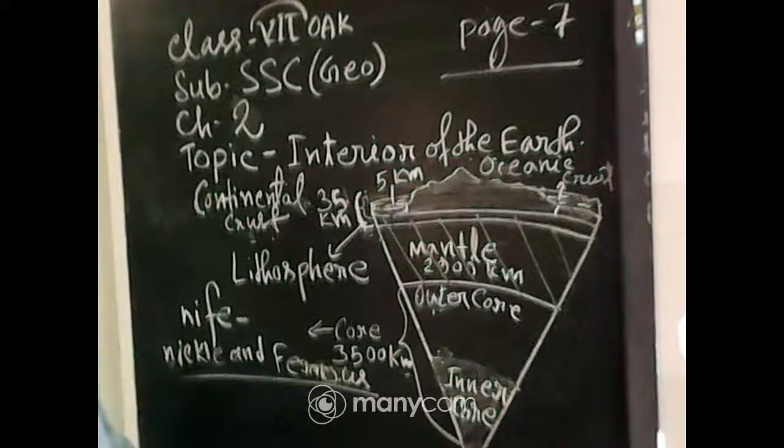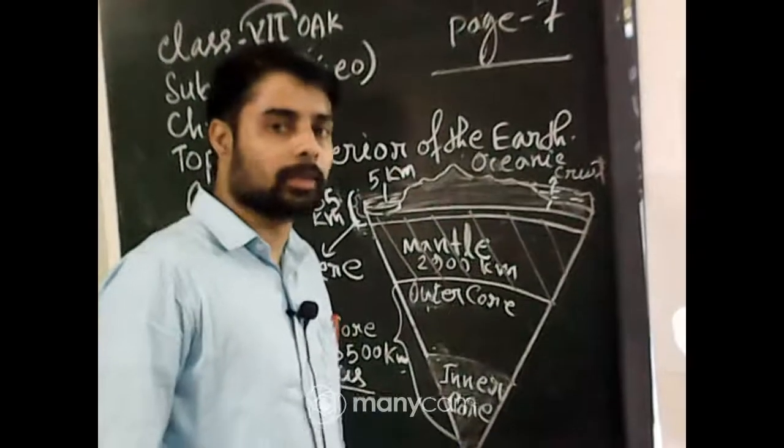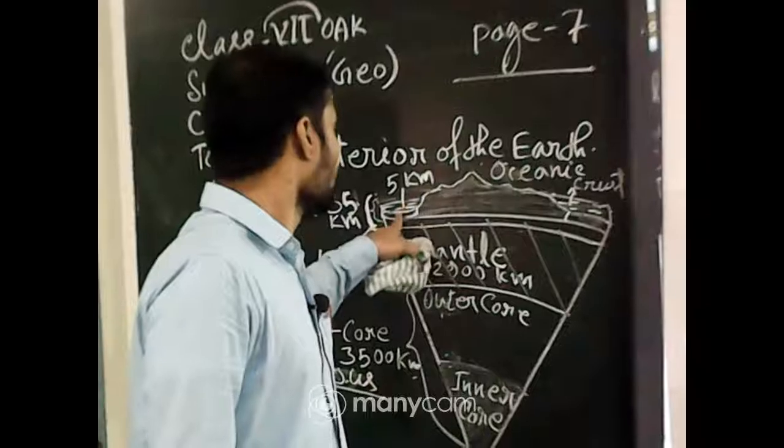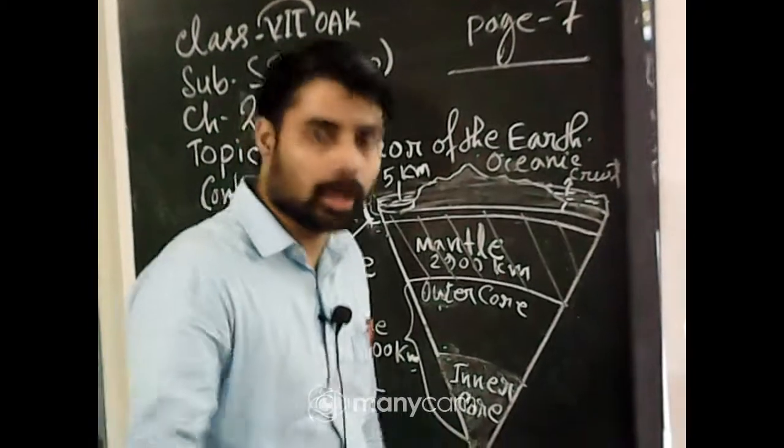SIMA, the full form is silicon and magnesium. It is the main component of the oceanic crust, the crust situated below the ocean.